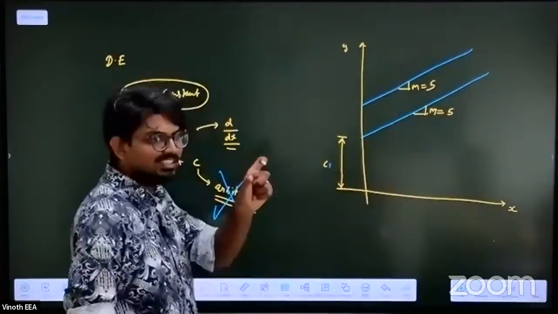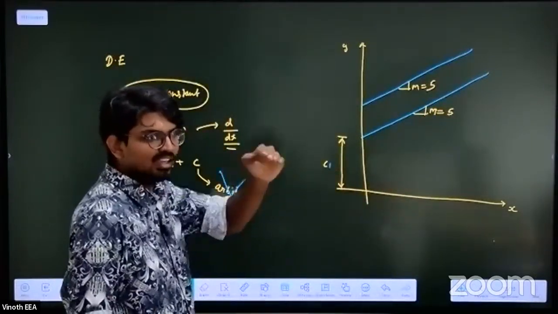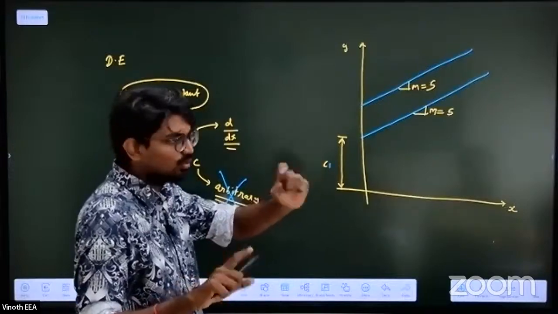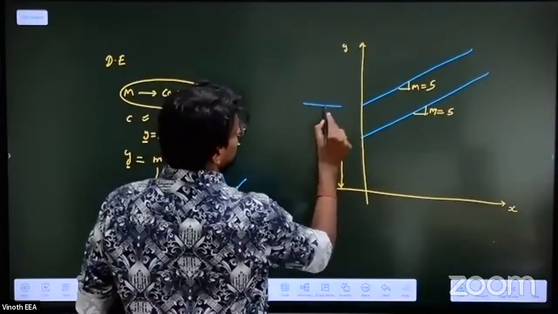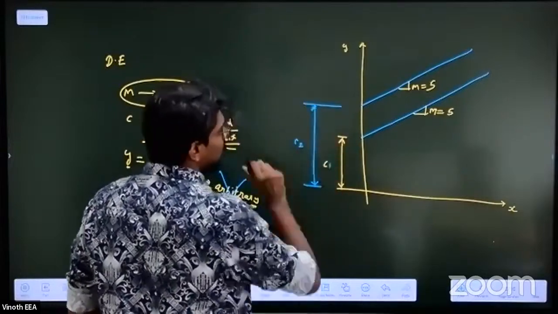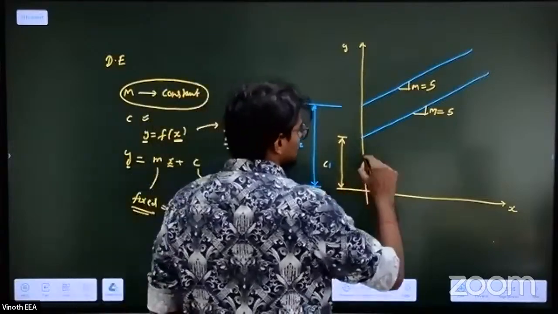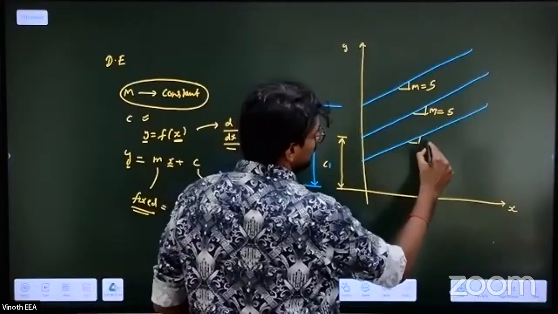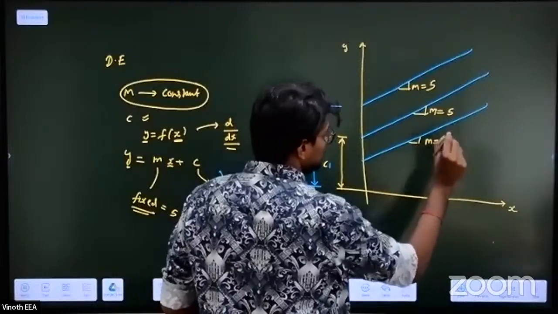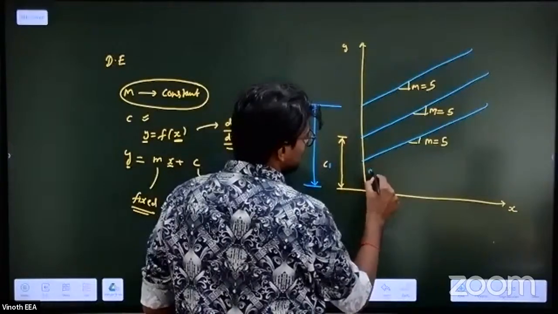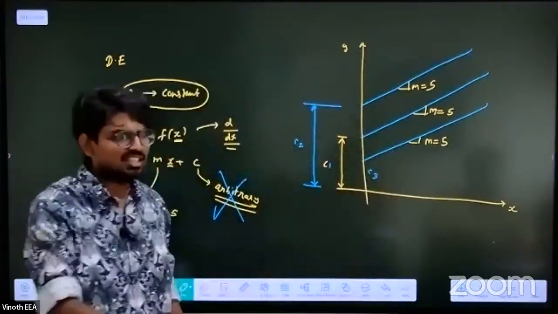That is what a fixed constant is. However many lines I draw, my fixed constant won't change, but my arbitrary constant will change. Initially it is c1, now it is c2. If I draw, you can see all three are parallel. So my slope is still the same, but my intercept has changed.